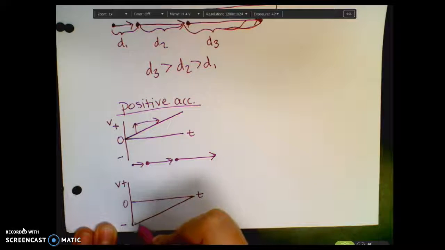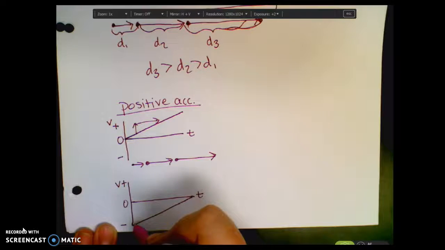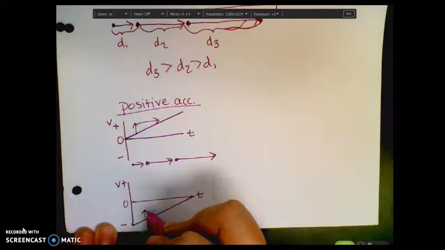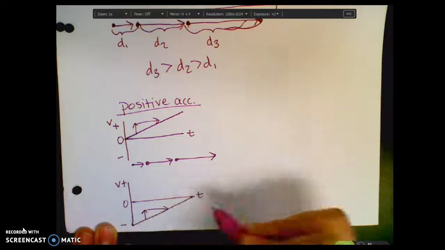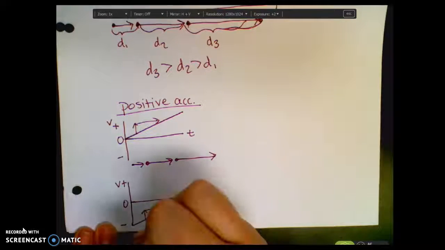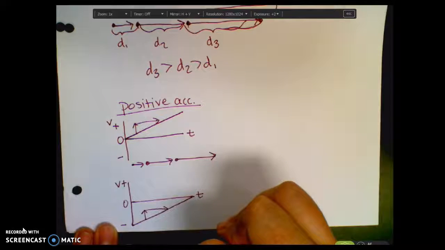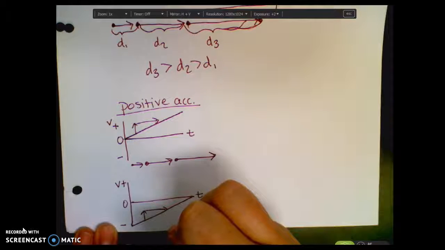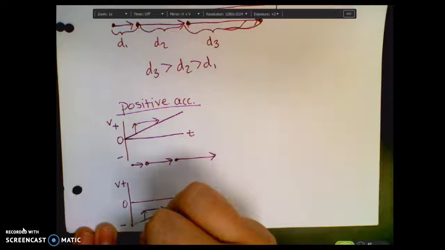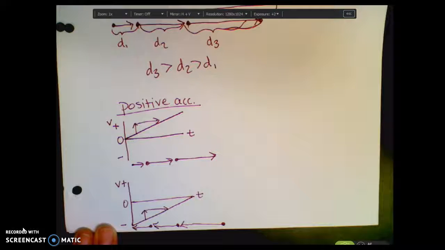So this line right here represents my motion if I were to be slowing down to the left. And if you notice, the slope, however, the rise over run, our acceleration, would still be positive. So if I were to draw arrows there, I'm slowing down to the left. It's going to look like this. My sign for acceleration is positive.